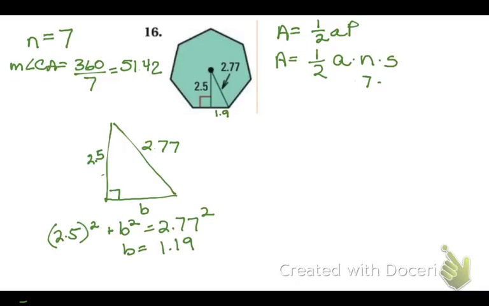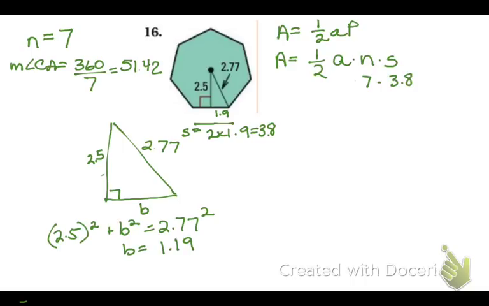So the whole side, s, is going to be equal to 2 times 1.19, which is 2.38.